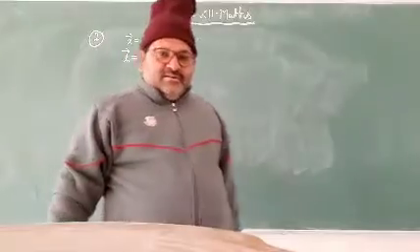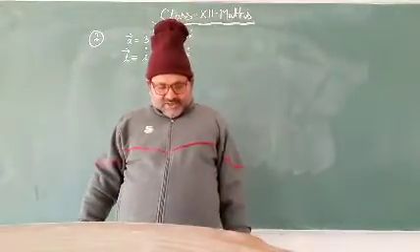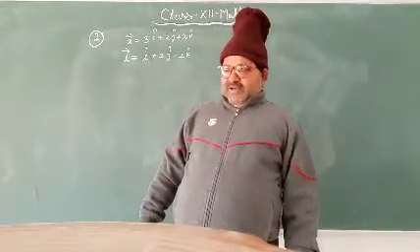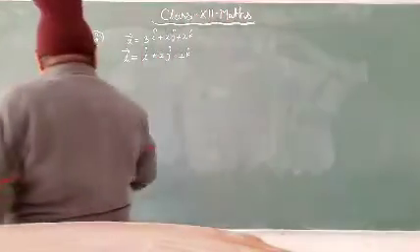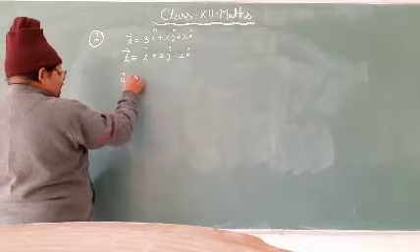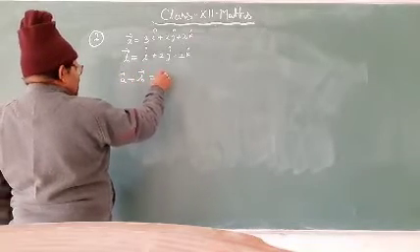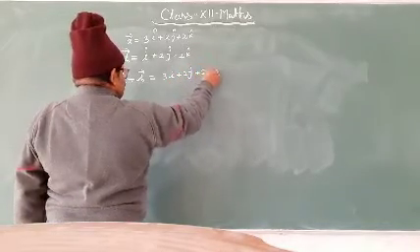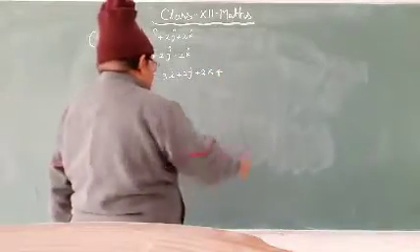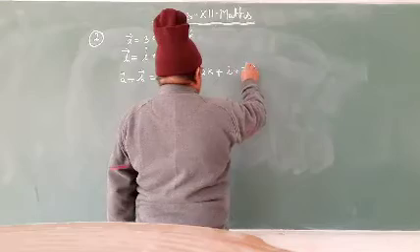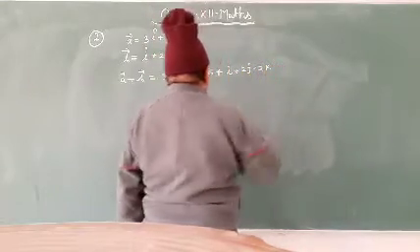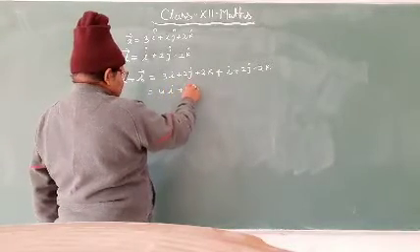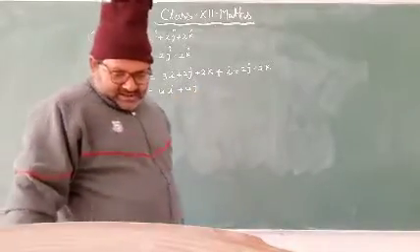Find a unit vector perpendicular to the vectors A plus B and A minus B. First we find vector A plus vector B equal to 3i plus 2j plus 2k plus i plus 2j minus 2k, which is equal to 4i plus 4j.